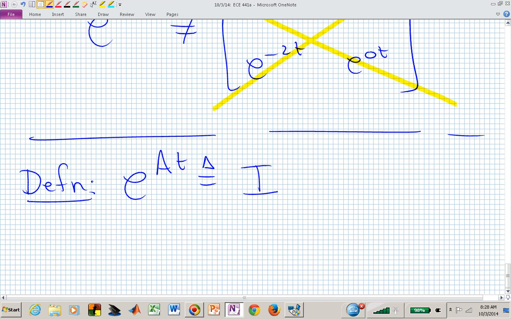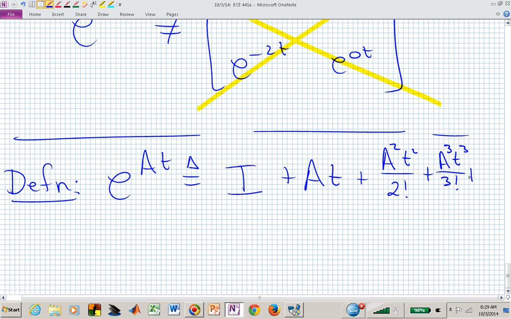Now we need to keep going. We take A times T. T is a scalar, but it weights this 3 by 3 matrix. Then we have plus A squared T squared over 2 factorial. And there's the pattern. Plus A cubed T cubed over 3 factorial. Plus dot, dot, dot. And that just keeps going.